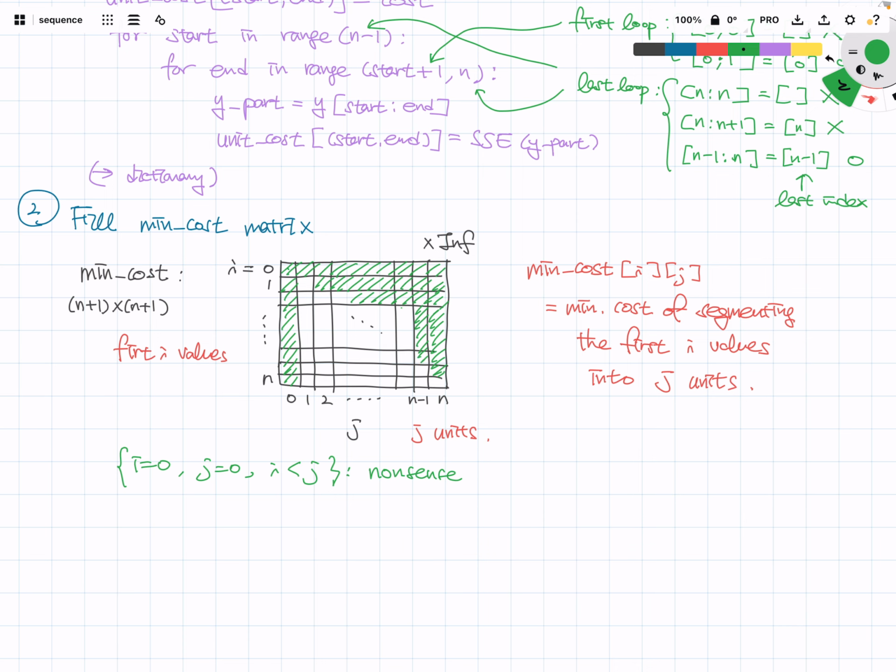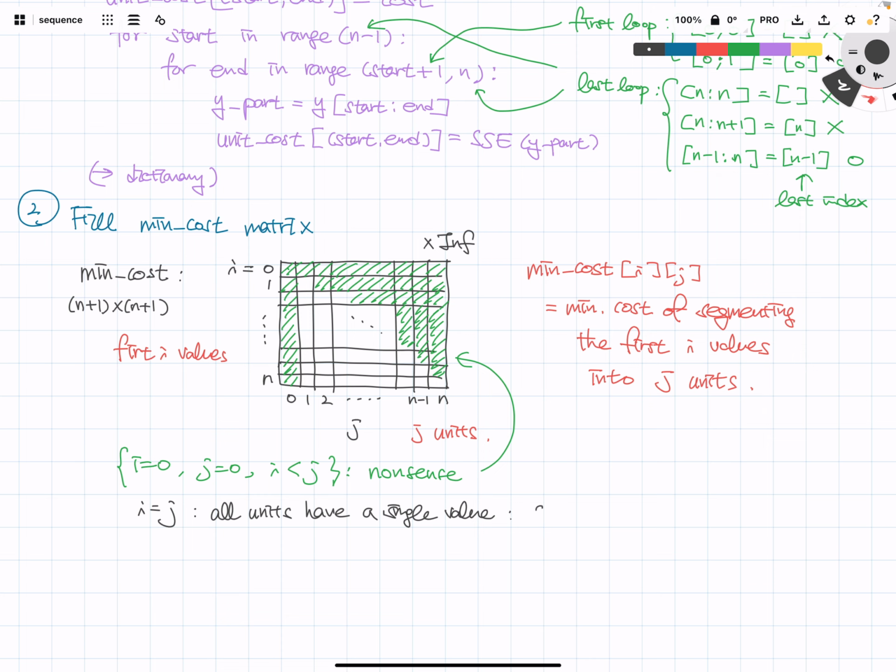This, they are nonsense, right? And also we can easily know when i equals j is all units have a single value per unit.